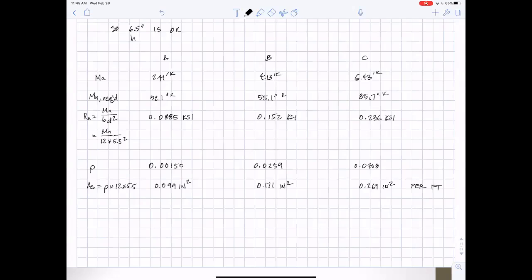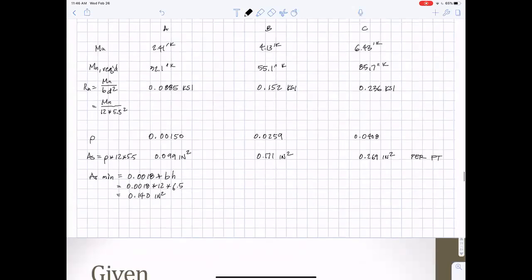Then what we need to do is check that against AS min. AS min for grade 60 is 0.0018 times B times H, and H, not D, so 6.5. And so the AS min is 0.140 inches squared.